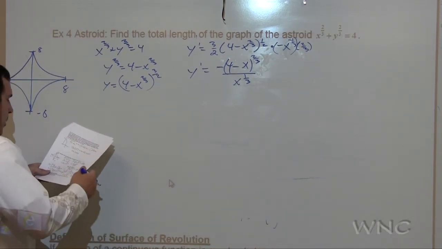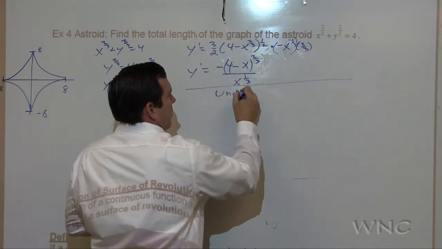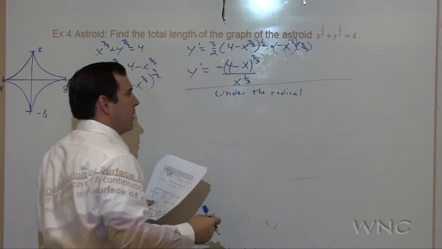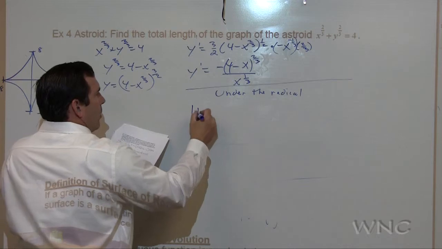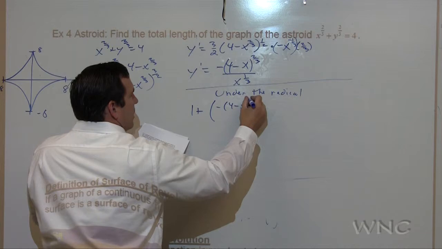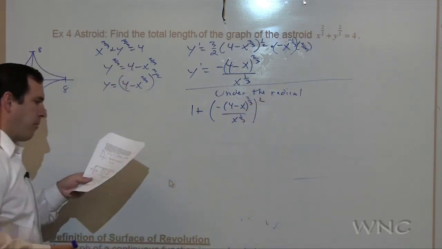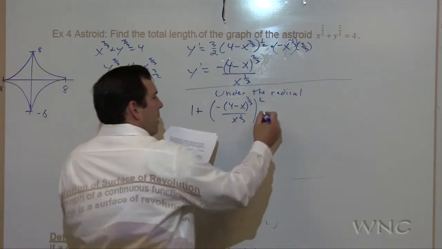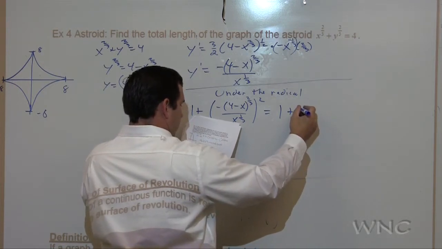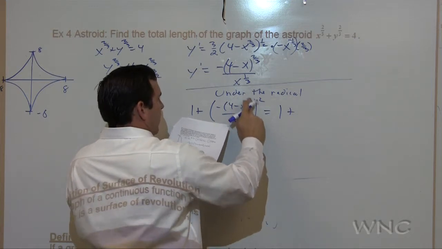So let's talk about the radical part. Let's clean it up a little bit. We're going to have 1 plus the quantity negative of 4 minus x to the 2/3 over x to the 1/3. We're going to square that part. That becomes 1 plus, oh, I forgot this is to the 1/2.